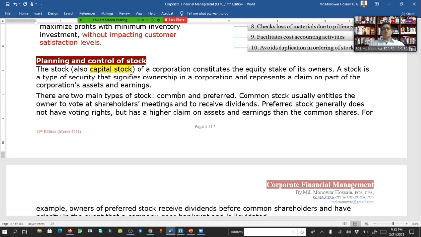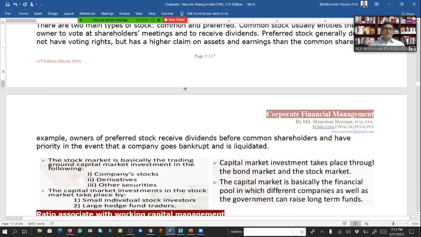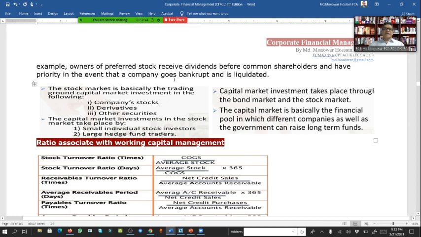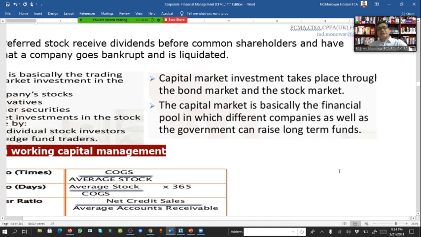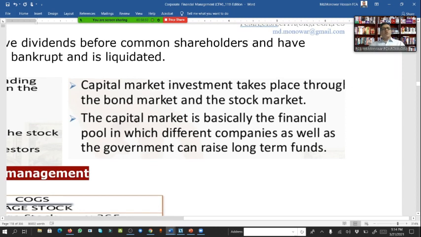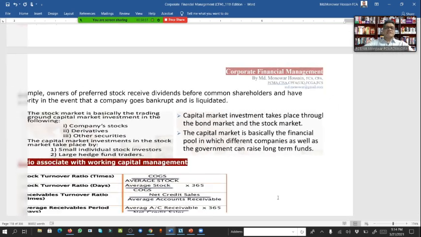There are two main types of stock: common share and preference share. We have to manage and control it. With equity, we can invest in the capital market and go public, and capital market investment takes place through the bond market and stock market, etc.